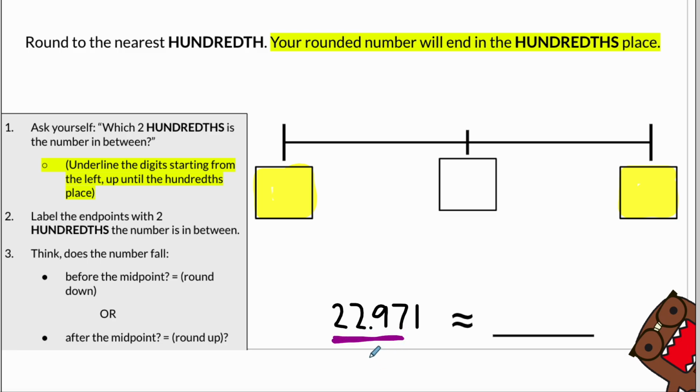This is going to tell us our first endpoint. So one possible answer to this question of what this number rounds to will be 22 and 97 hundredths. If I add one more penny, one more cent, one more hundredth, we get $22.98. These are our only two options for an answer when rounding this to the nearest hundredth.